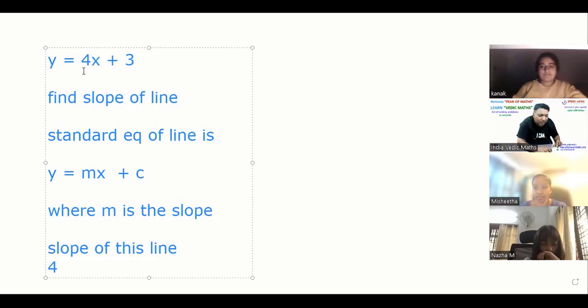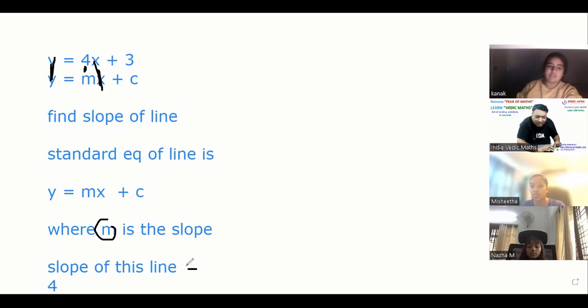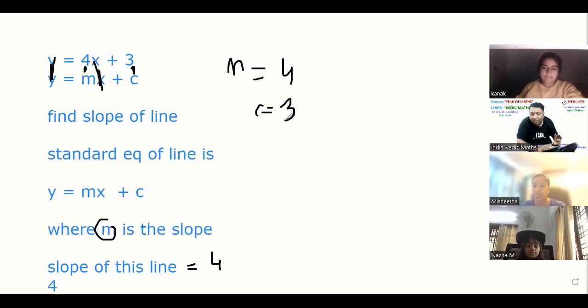Let me write here y equals mx plus c. Kanak, if you compare these two equations, y and y are same, correct? Yes, sir. x and x are same. So what is the value of m then? 4. And I said m is the slope, right? So the slope of this line is 4. And c is 3. C is the constant, the intercept. So m is 4, which is the slope, and c is 3, which is the intercept. But we're not asking this, only the slope. Got it?